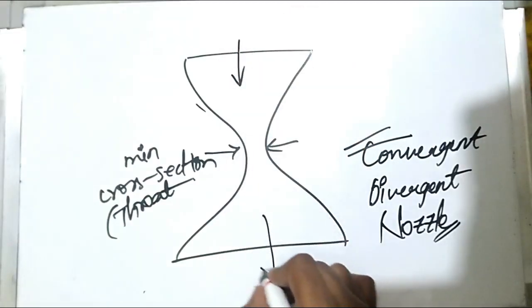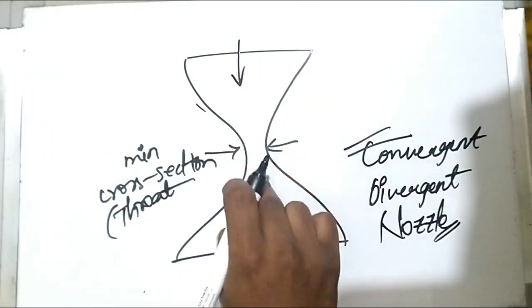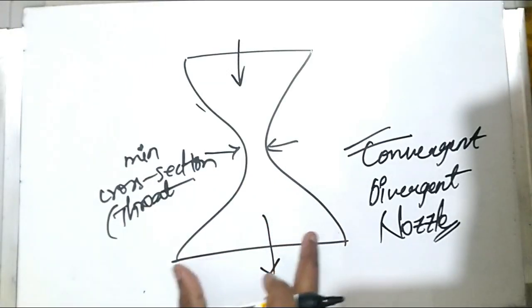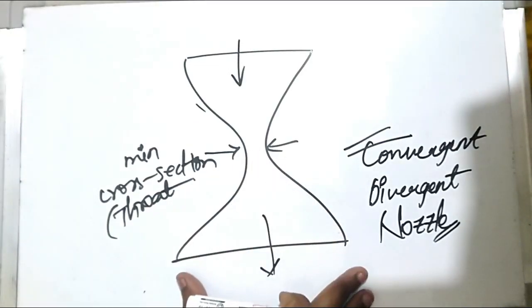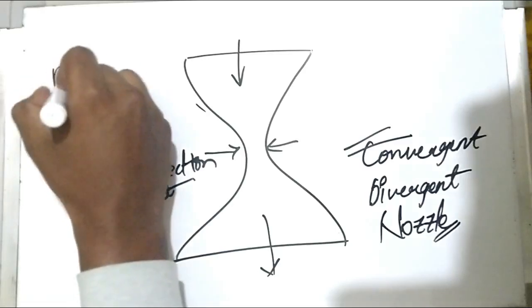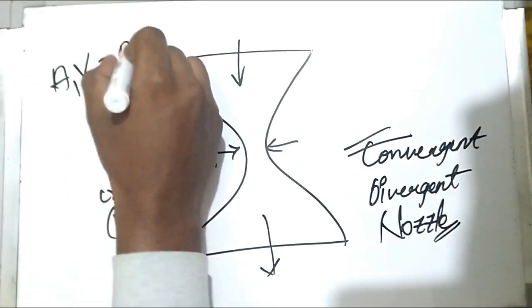So the gas will expand from this minimum cross section area to the maximum cross section area. We know A1 V1 will be equal to A2 V2.